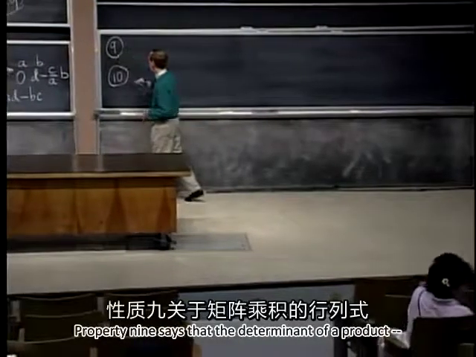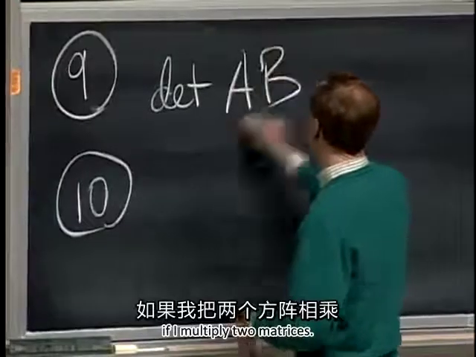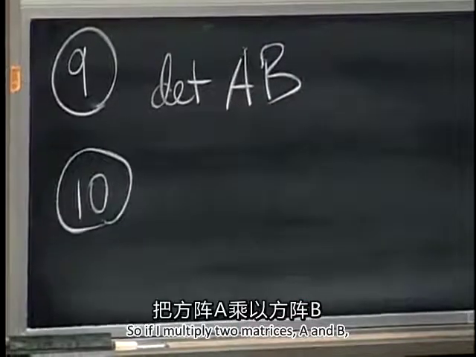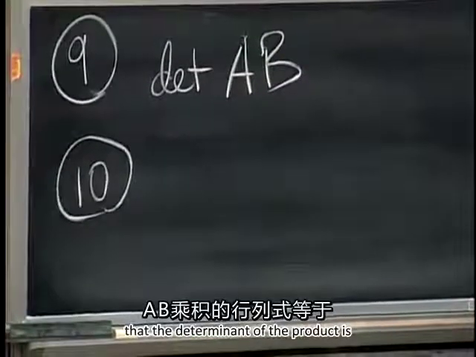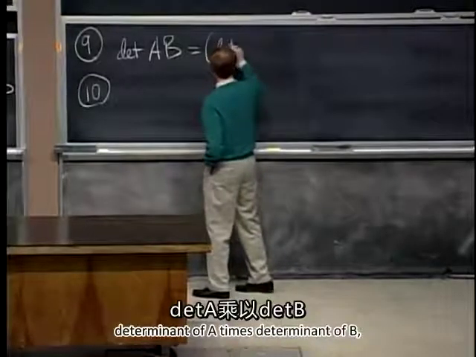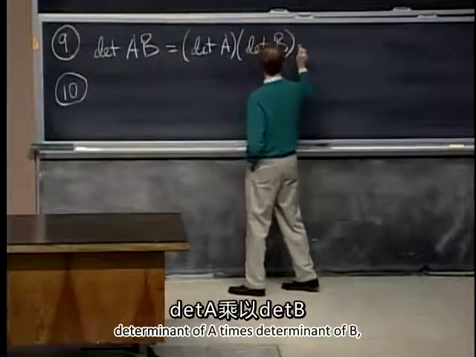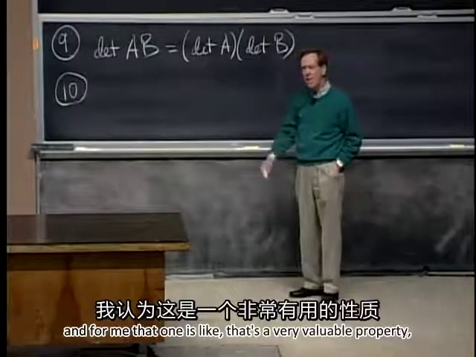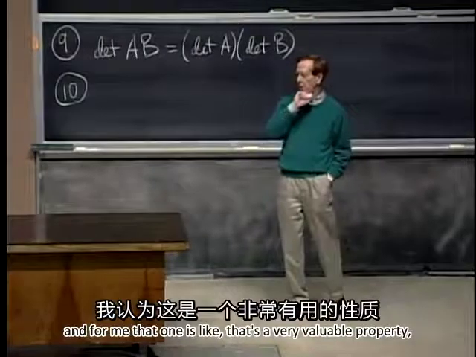Property 9 says that the determinant of a product, if I multiply two matrices A and B, is the determinant of A times the determinant of B. And for me, that's a very valuable property.